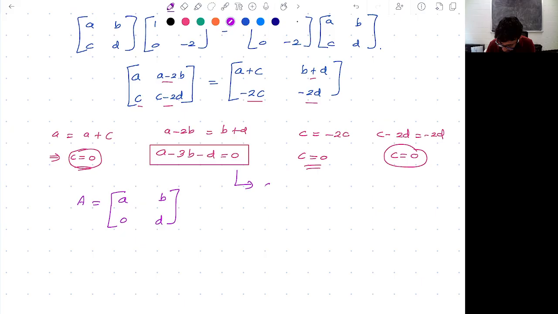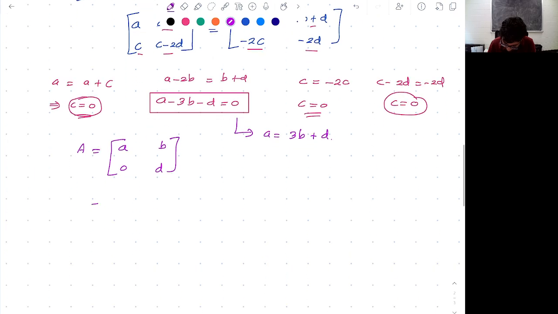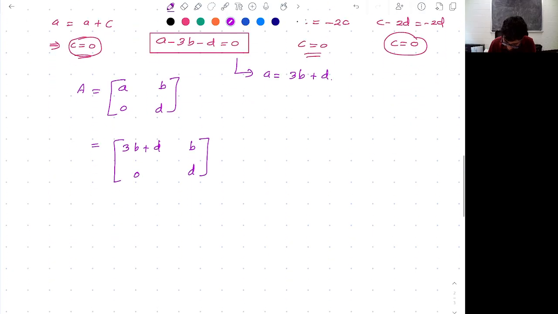So from this I can have A equals 3B plus D. Okay, so I would write 3B plus D instead of simple A, and I have B and I have 0 and D. This is equal to, I can write this in this form, B times 3, 1, 0, 0 plus D times 1, 0, 0, 1.